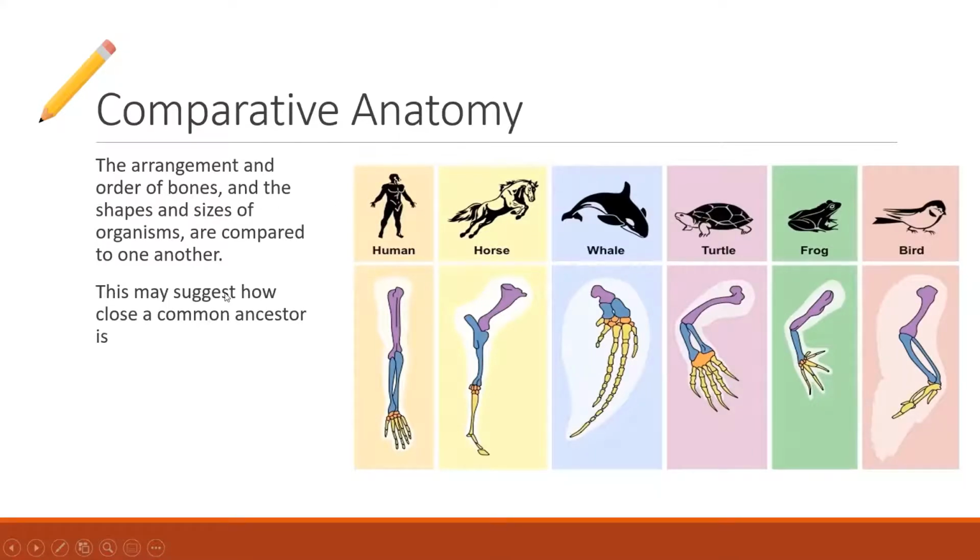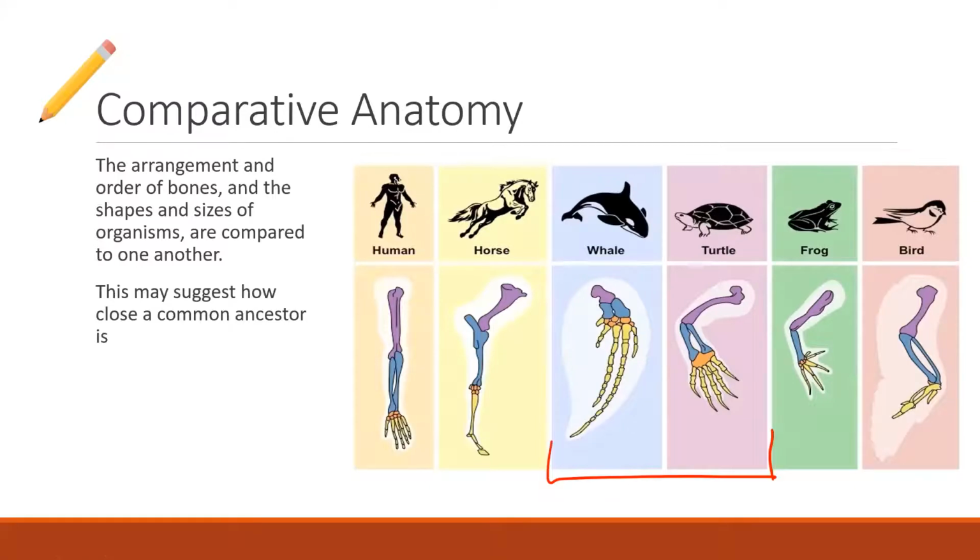This may suggest how close a common ancestor is. So let's look at the whale and the turtle. Out of all the structures, in my opinion, these look the most similar. They may look similar because they've got a common ancestor that is closely related to them.